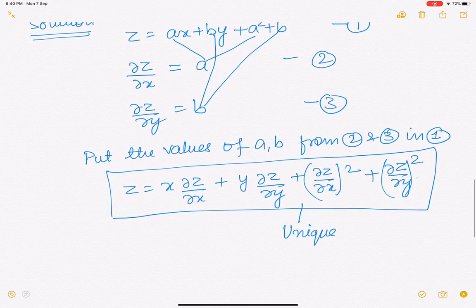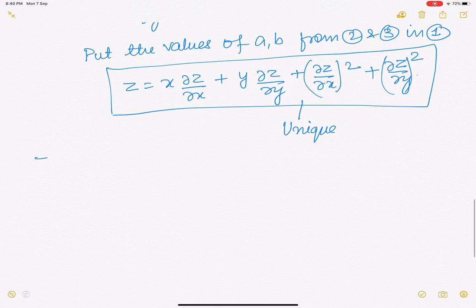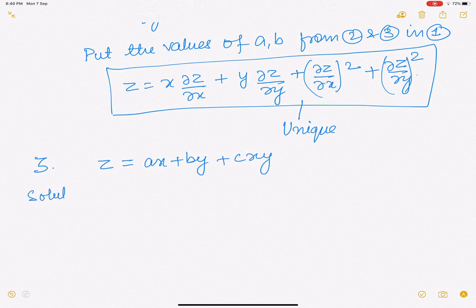And now we are coming to condition number 3. In condition number 3, the question which we put is z is equal to ax plus by plus cxy. When we attempt this question, it can be easily seen that we have three constants, a, b and c, and the independent variables are x and y.